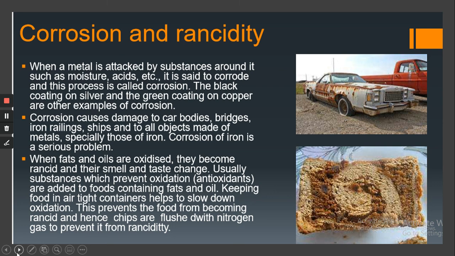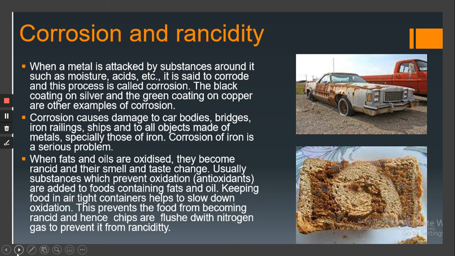What is rancidity? When fat and oil are oxidized, they become rancid and their smell and taste change. Usually substances which prevent oxidation, known as antioxidants, are added to food containing fat and oil. And how can we prevent this rancidity? By keeping food material in airtight containers, which helps to slow down the oxidation.